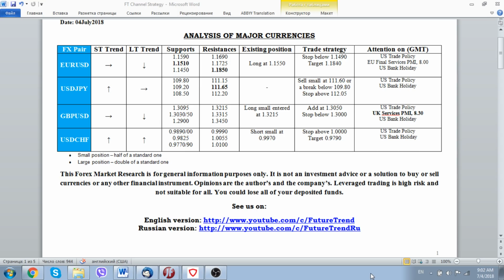This time, for example, some purchasing managers indicators in the Eurozone or in the UK, and this night in Australia and also in China.